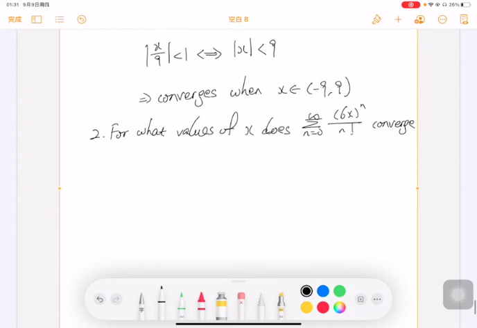Okay, this is a little bit more difficult, but without doing any rigorous mathematics, you can sort of guess whether this converges or not.